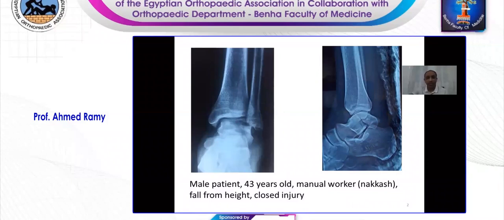As we can see, there is an intra-articular fracture of the talar body. There is a fracture in the coronal plane, and another fracture in the transverse plane. I think here we can see a shadow of a fragment planted in the body of the talus, and we can see here a loss of the distal end of the fibula.